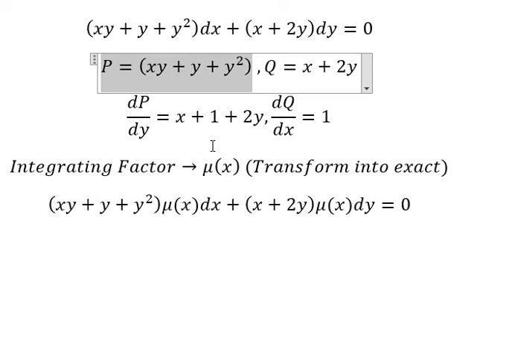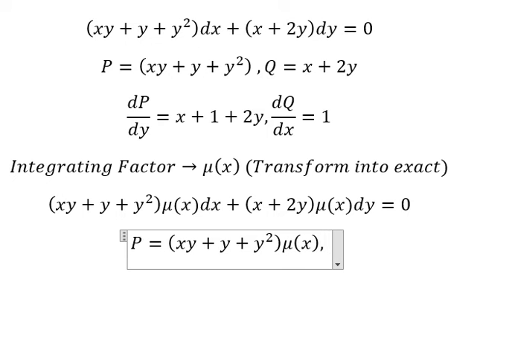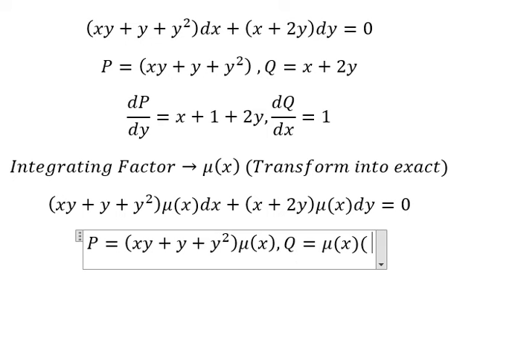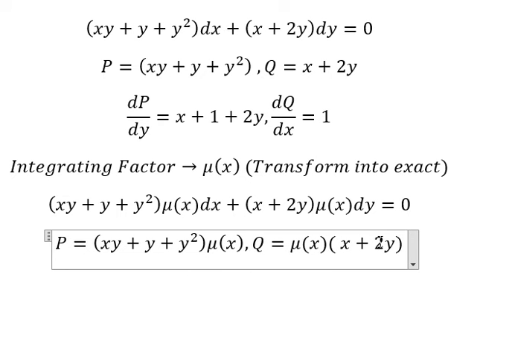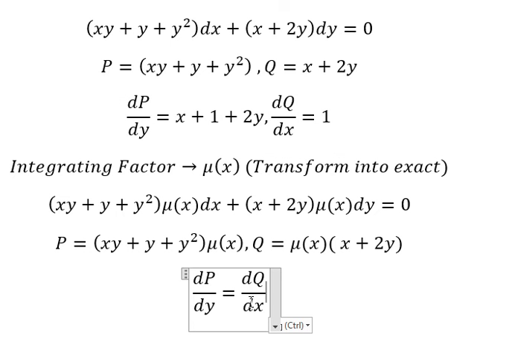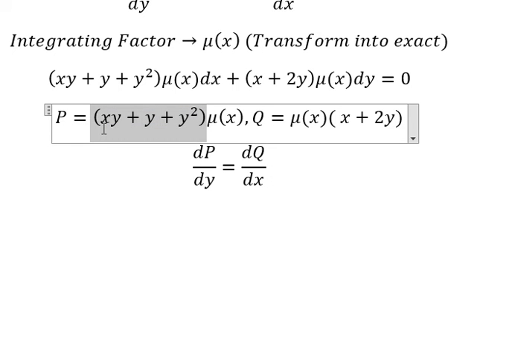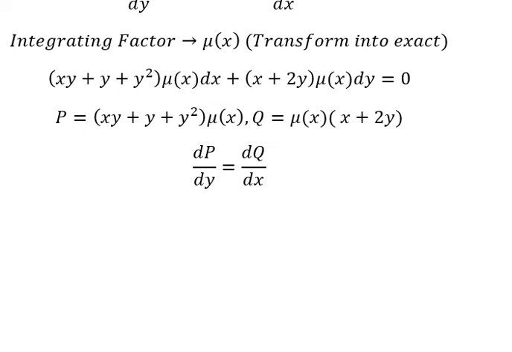So the new one, we want to put dp over dy equals to dq over dx. Now this one we just have only y, so you will have x plus 1 plus 2y, and we have mu x.